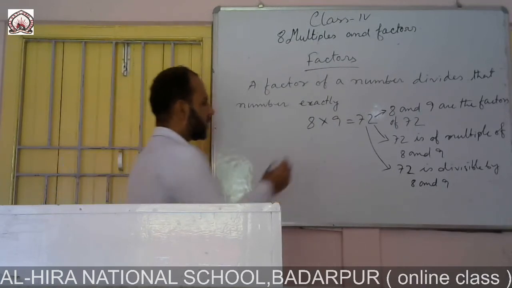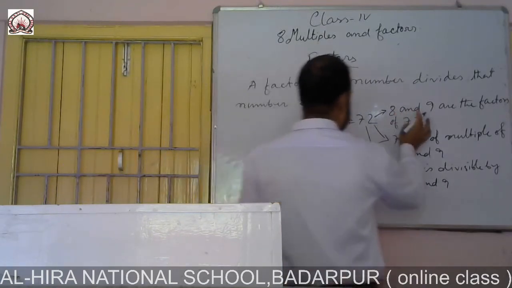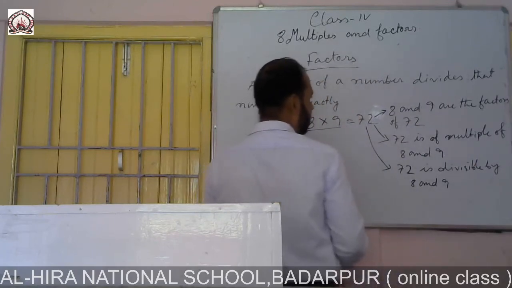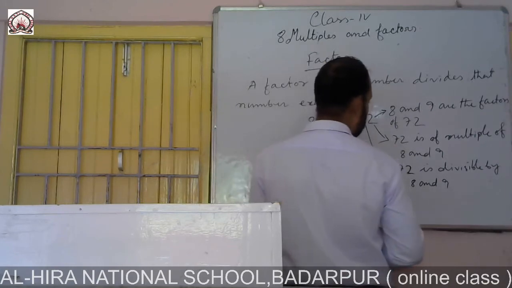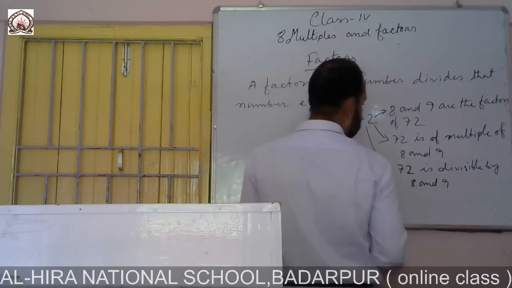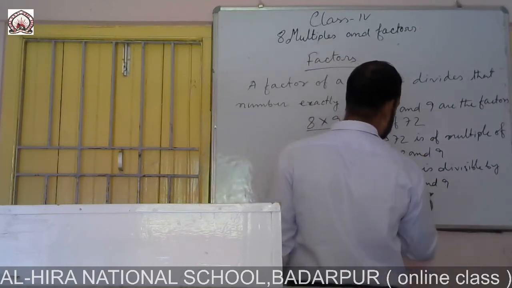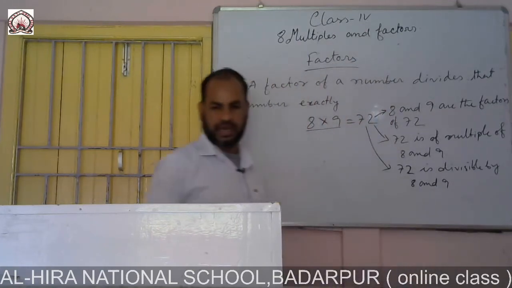So 8 and 9 are the factors of 72, and 72 is a multiple of 8 and 9, and 72 is divisible by 8 and 9.